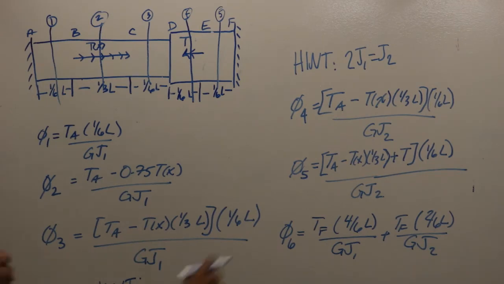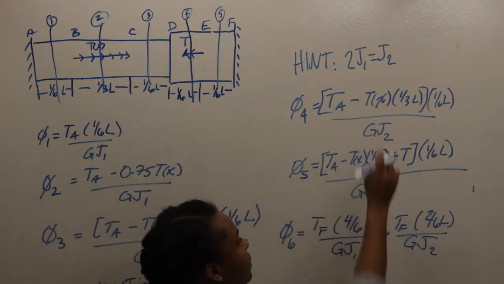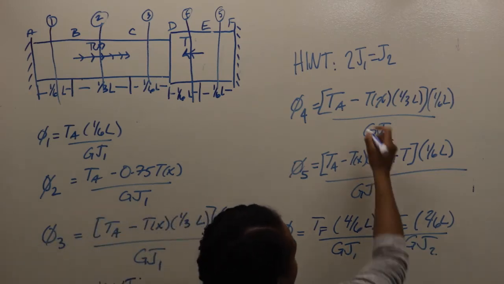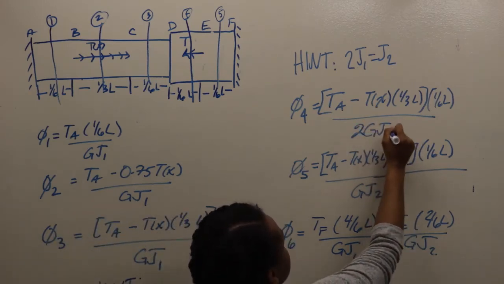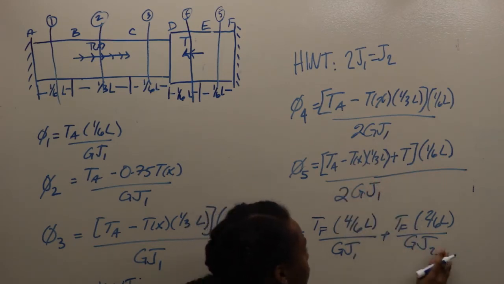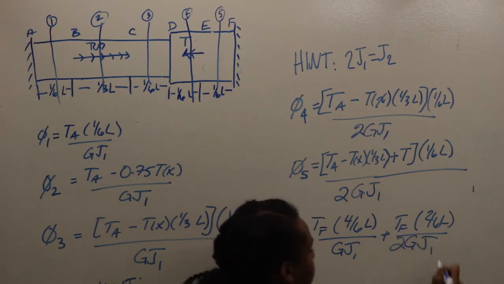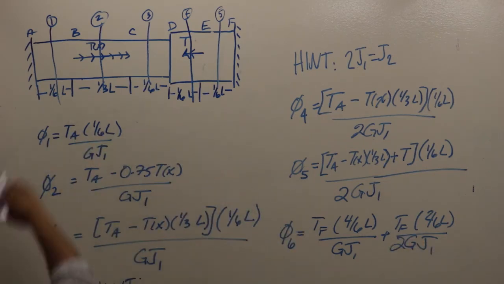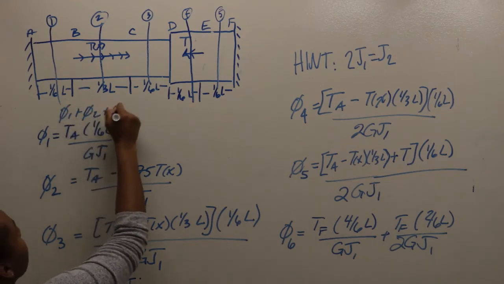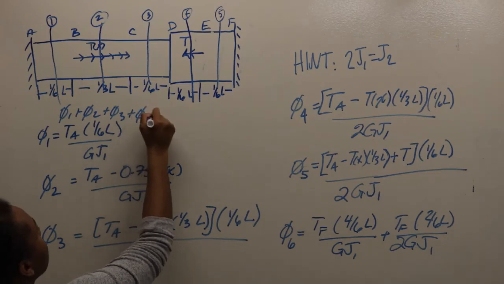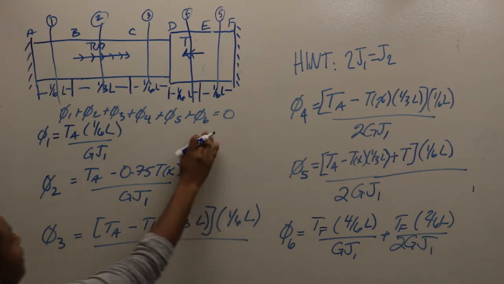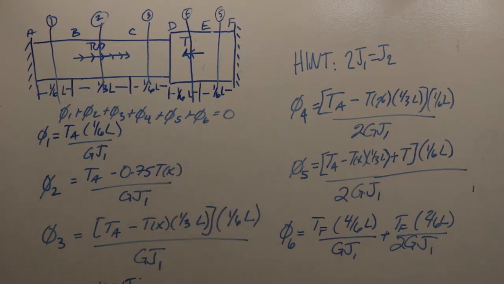So you substitute 2J1 into here, 2J1 into here, and 2J1 into here, and that will make everything divided by 2. And then you use all of these equations and substitute them into this compatibility equation.